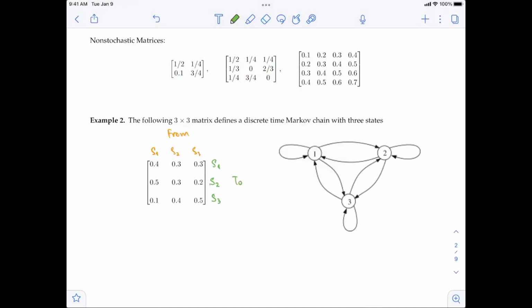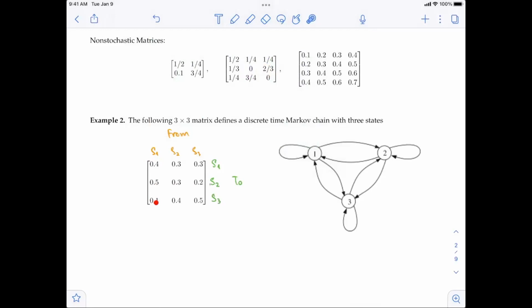So this number 0.4 tells you the probability that the member in state 1 stays in state 1. This number 0.5 tells you that there is a 50% chance that the member in state 1 will switch to state 2.